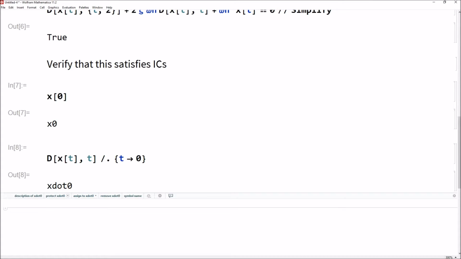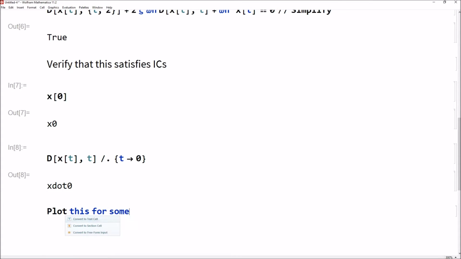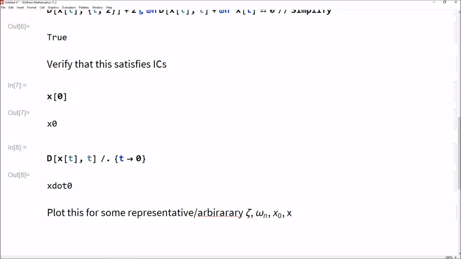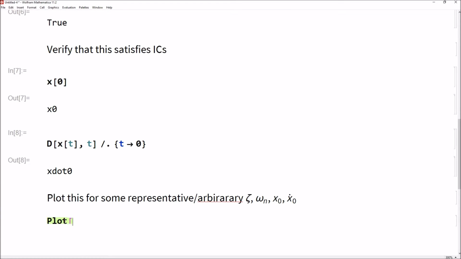So now for giggles, let's plot this for some representative, kind of arbitrary, values of zeta and omega n, and we also have to pick some initial conditions, right? We need to pick some initial values to plot this at. So, I don't know, let's make this up. Plot, let's see, sorry, I lost my mouse here.